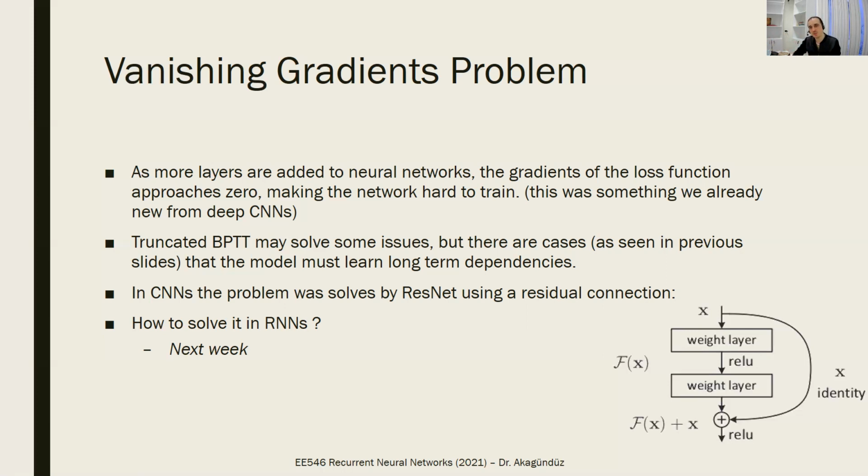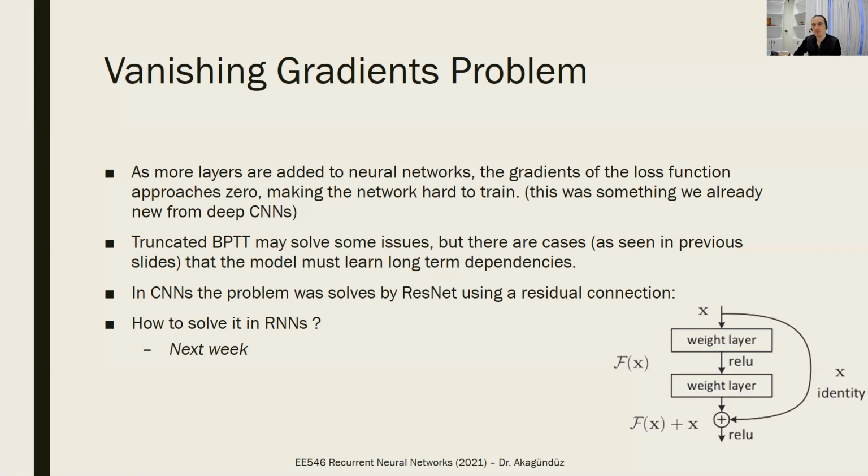And when you're training it, you can use all the sequence data for a single sequence. However, you may truncate it. So you may use trunks of the sequence, and during backpropagation, you could do the forward run using some length of trunks, and you could do the backward run using another length of trunks, or the same length, doesn't matter. And we've seen that this could be a solution for some cases.